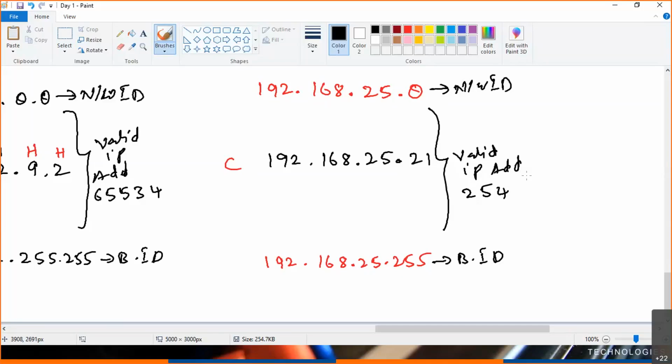Later we covered octet format, how many networks in Class A, Class B, Class C and how many hosts, and the network identification, broadcast identification, and valid IP addresses. So it's all the logic we got.